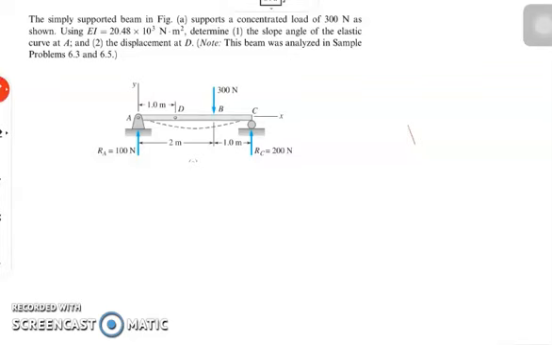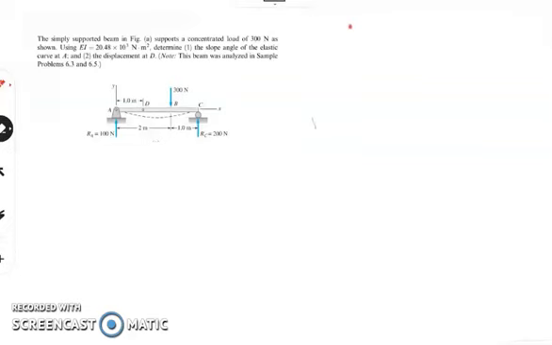We're going to choose our fixed support. Based on our figure, we're going to use point C as our fixed support, so this will be our reference point as we draw our bending moment diagram.